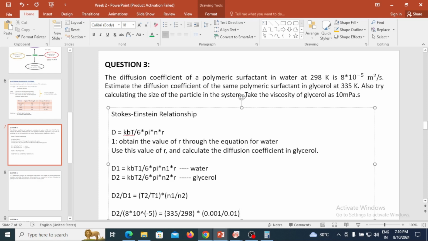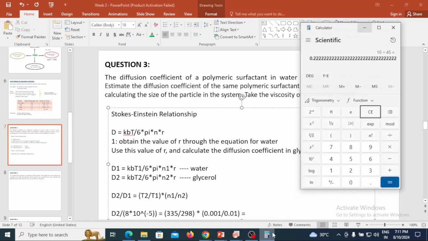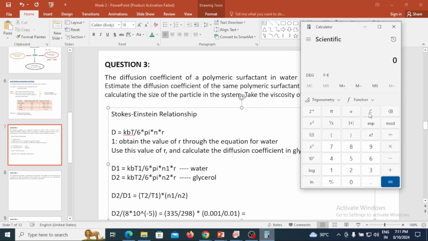Again, this value of glycerol may not be 10 millipascal second. Here we are taking it just for practice purpose, but the value of glycerol at 335 Kelvin might be different from what I have given. So it's just for calculation purpose. So if you calculate this, 0.001 by 0.01 will be 0.1, 0.1 times 335 divided by 298, 0.1124.